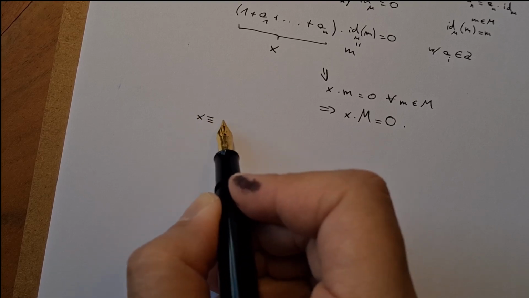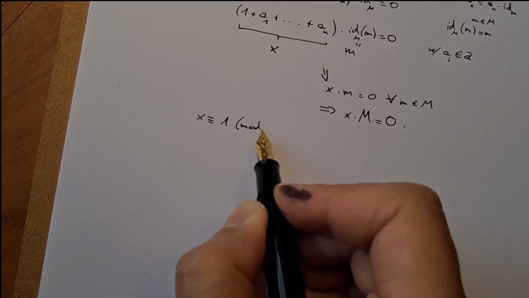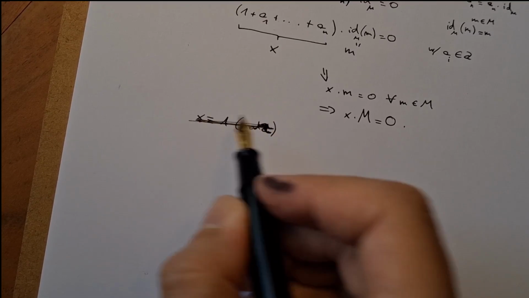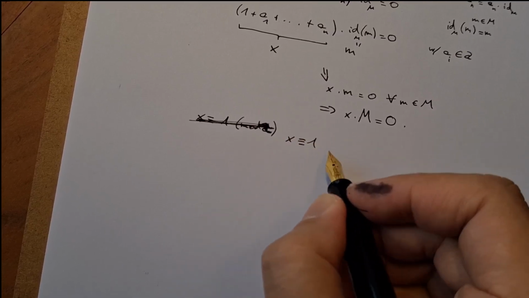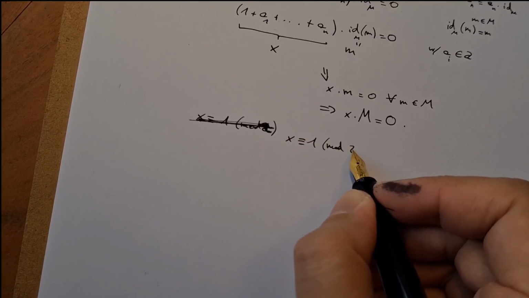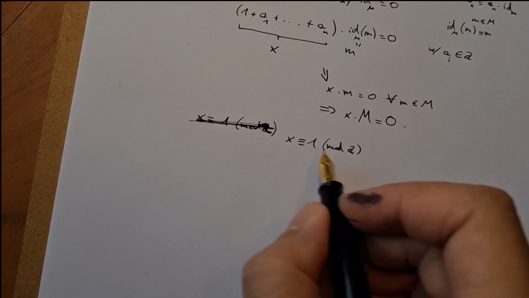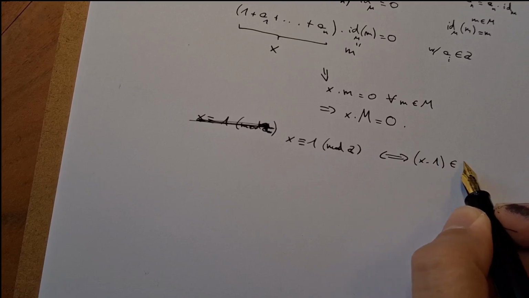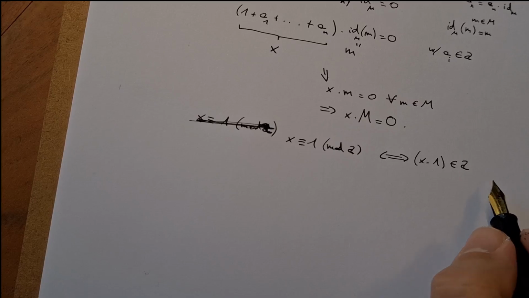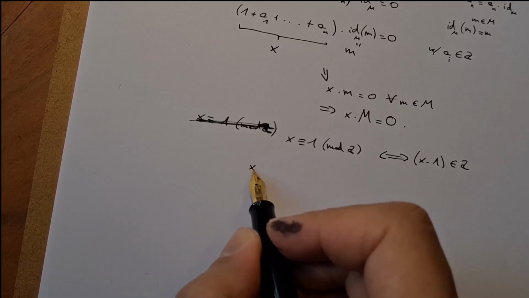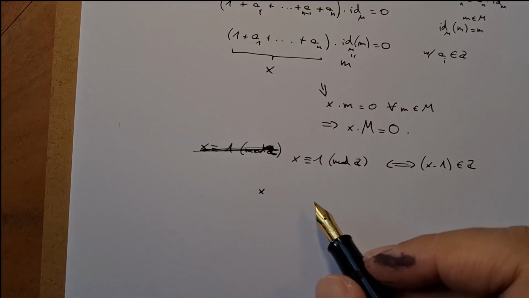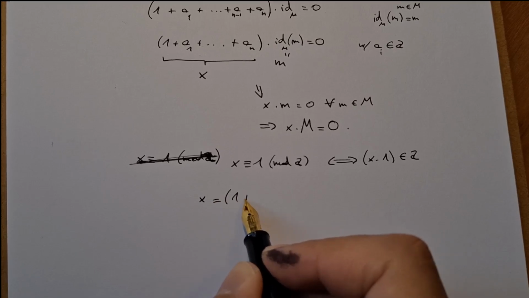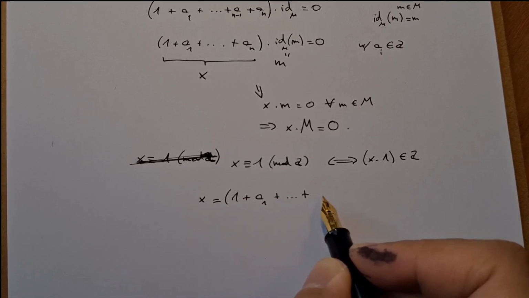Having x congruent to 1 modulo the ideal A is as saying that x minus 1 is an element of the ideal A. So we had earlier that x equals 1 plus a_1 plus till a_n.